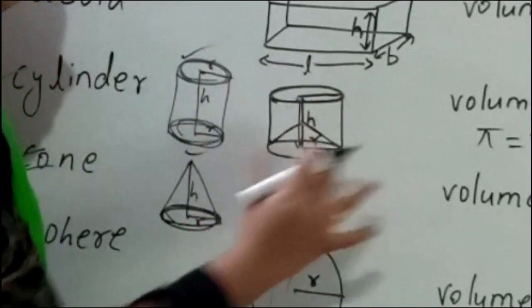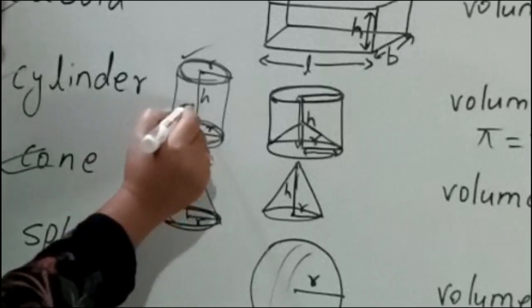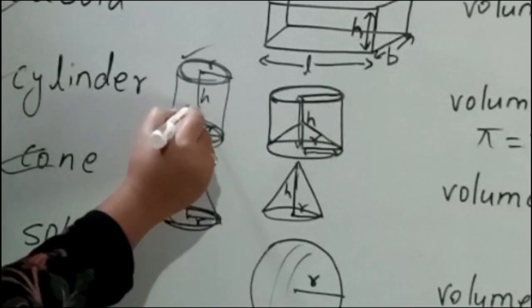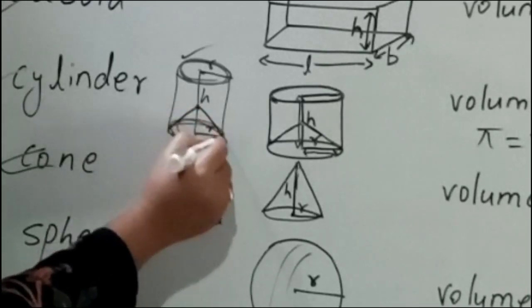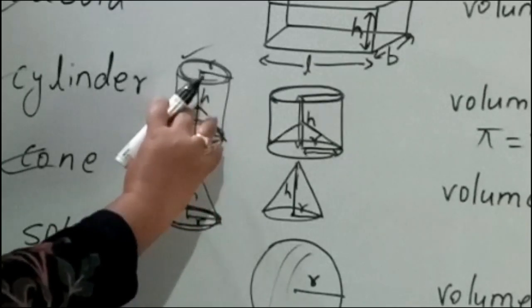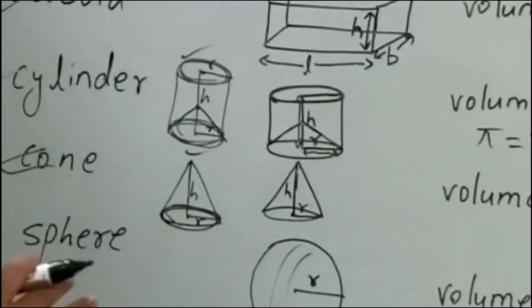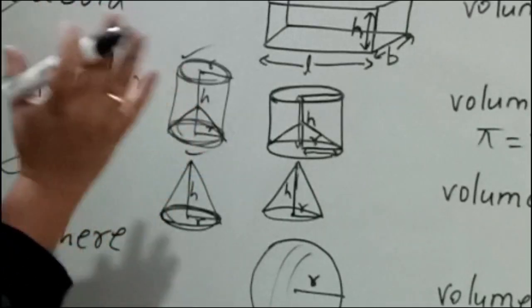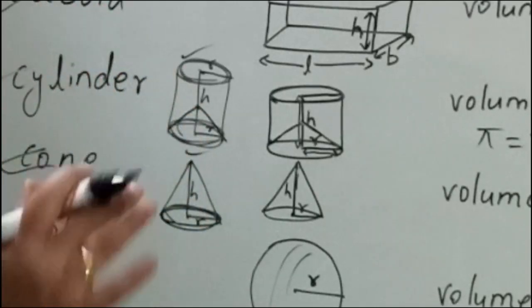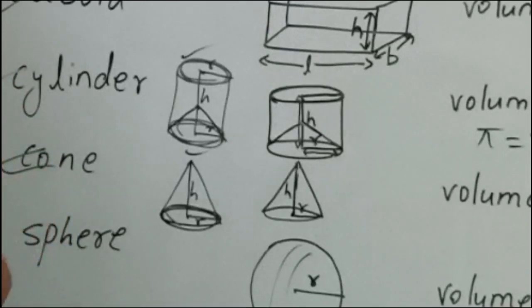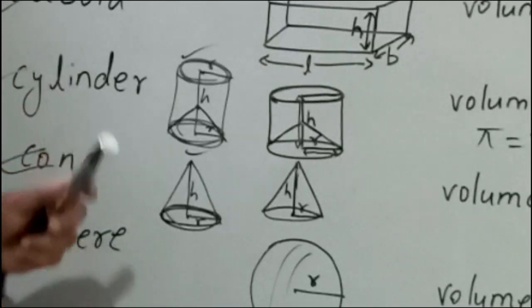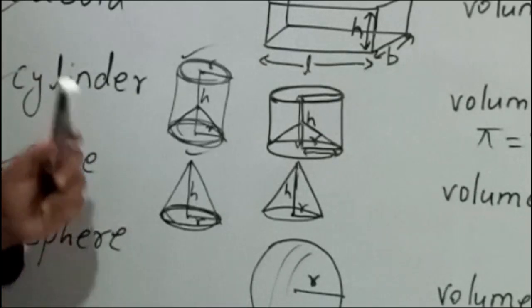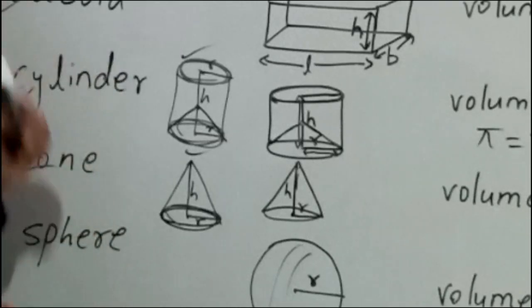This is one of the parts of the cylinder. Here take one point and join like this. This became a cone, which is one part of a cylinder. How much part? 1/3 part. When you compare cylinder's volume and cone's volume, it is 1:3. Cone volume is 1/3 of cylinder's volume.